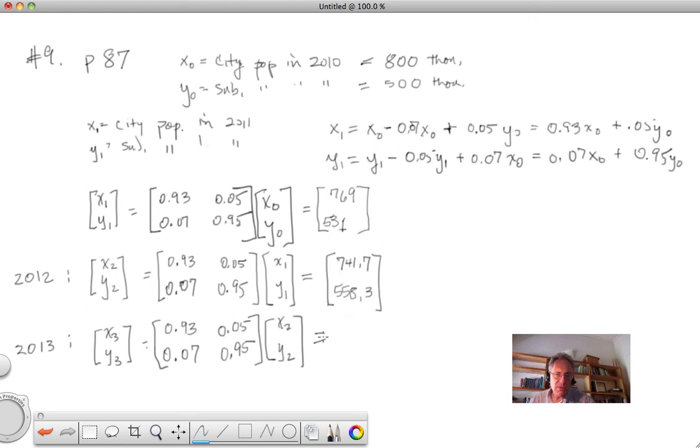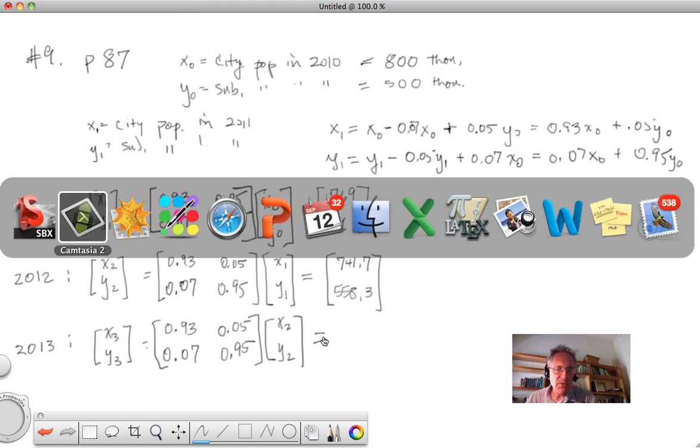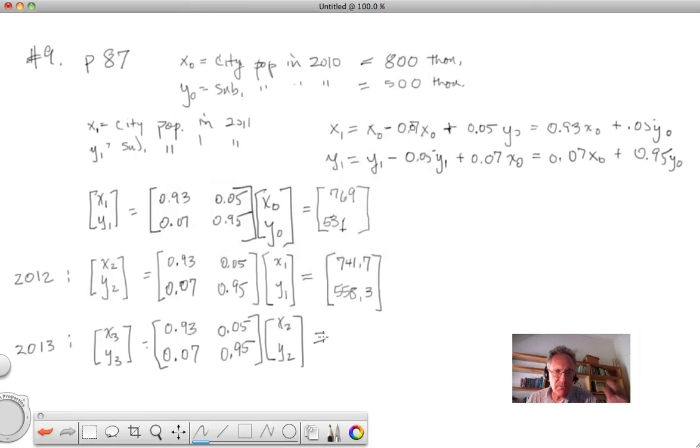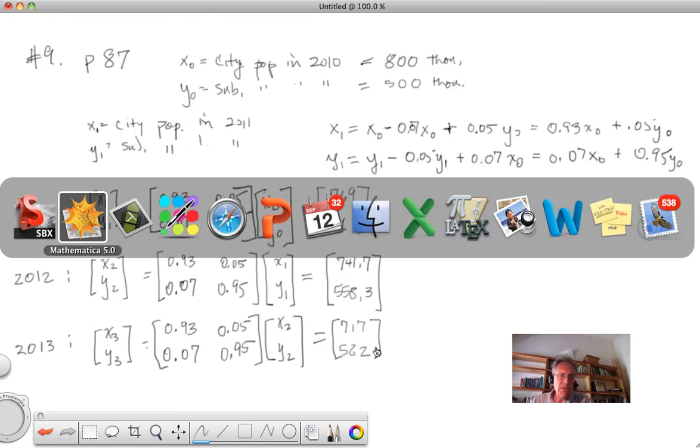Let's see what happens. It comes out to be about 717.7 and 582.2. So you notice that the urban values have gone down and the suburban ones have gone up, but by a little less.